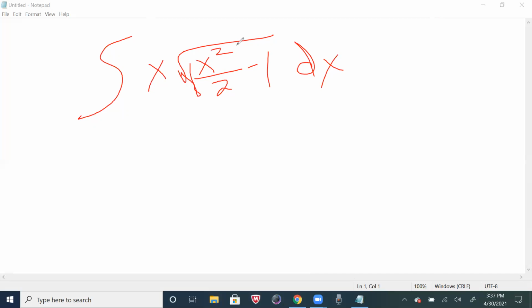So I cannot turn this into a single polynomial that I can just use the power rule on. But what I have to recognize is that the derivative of the inside is x. This x right there.